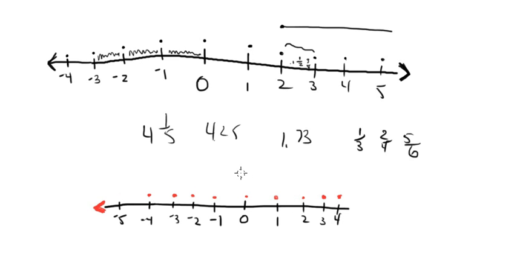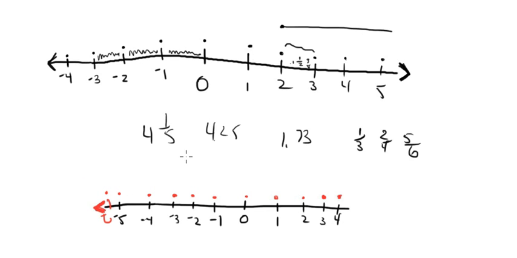So if the question was for numbers that are less than 5, 4 would be the first one, and then any number to the left thereafter would be less than 5, right? So we wouldn't stop at negative 4. We're not just going to match the 4 here. We would in fact put that dot over at negative 5, and if we had a negative 6 here, we'd put a dot over that as well. And that goes on for eternity, for infinity. Even if there wasn't?